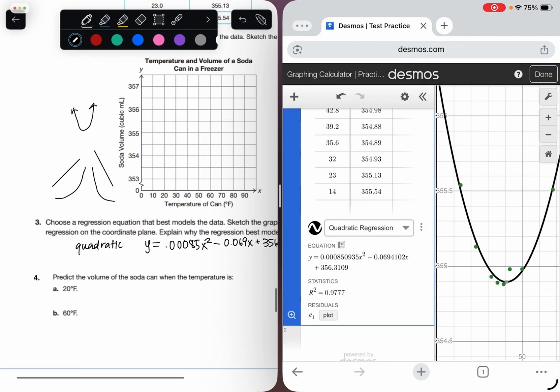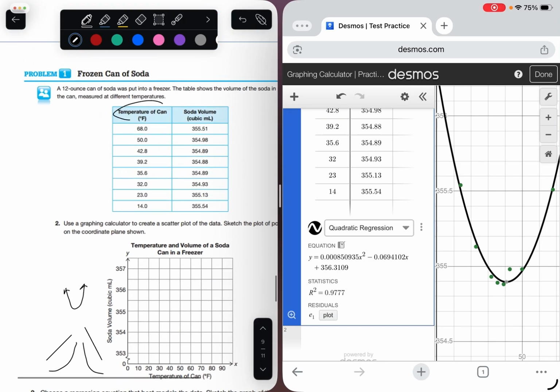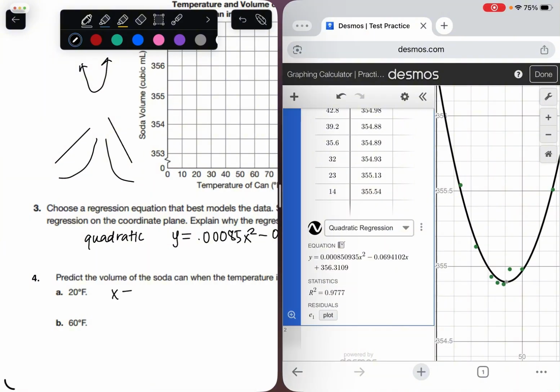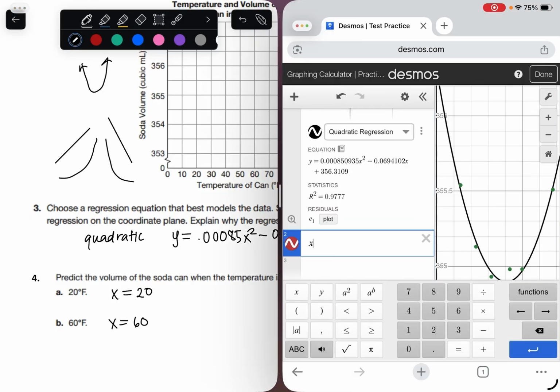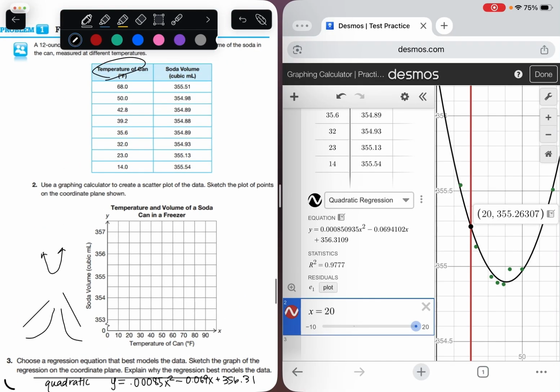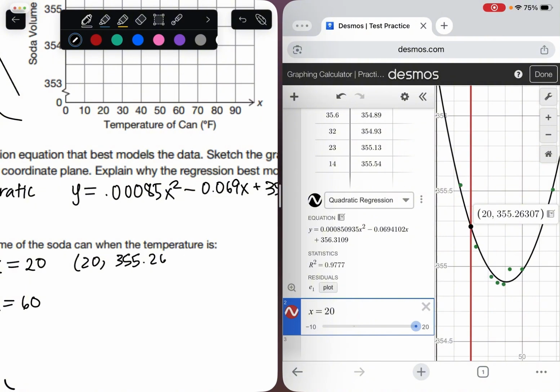Okay, so now it says predict the volume when the temperature, remember, is our x, is 20, and then predict for 60. So we're going to plug in x equals 20 and x equals 60. While we have that graph there, x equals 20 would give us the point 355 point, and our table is keeping 2 decimal places, so 26.